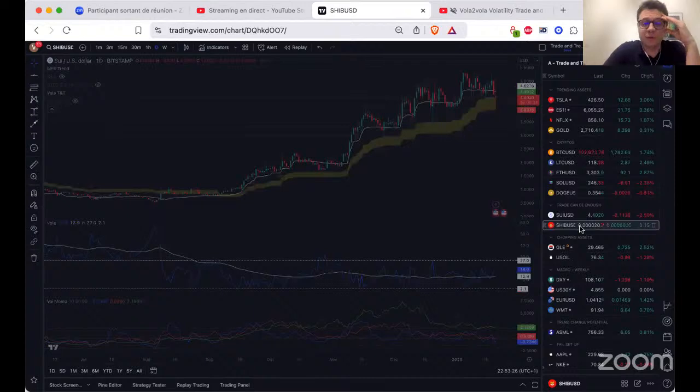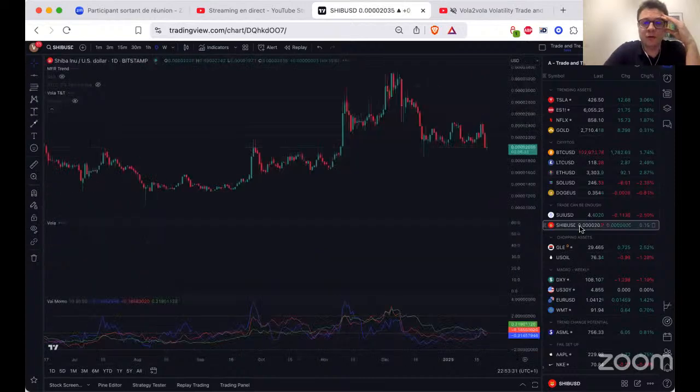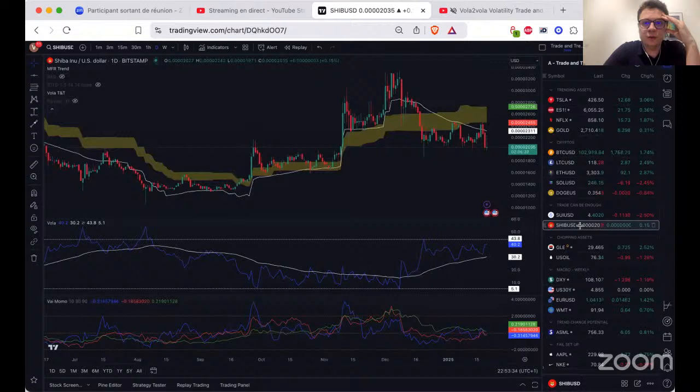Another one, this is just for fun, guys, but you can go through every ticker like this. So Shib, same. Started to see here a retest of trade. Trade was pointing down, so you knew at the time that okay, maybe there is a setup there. You had confirmation of Bitcoin.